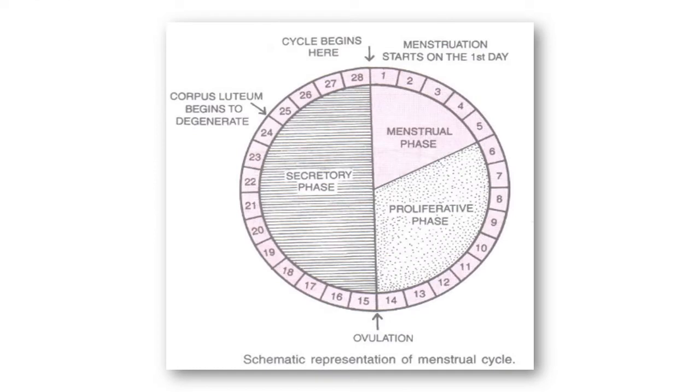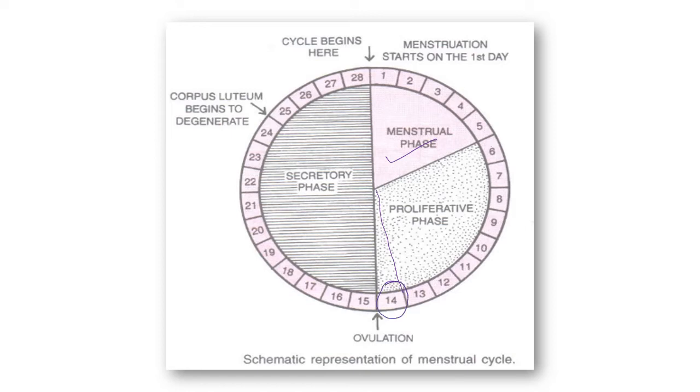So let's see the schematic representation of the entire menstrual cycle. Here the cycle is given. The first 1 to 5 days are considered the menstrual phase, from 6 to 13 is the proliferative phase, and the 14th day is the ovulatory phase.